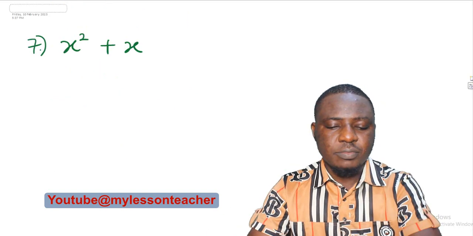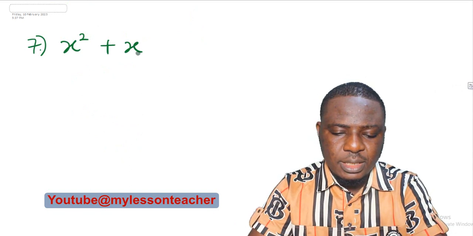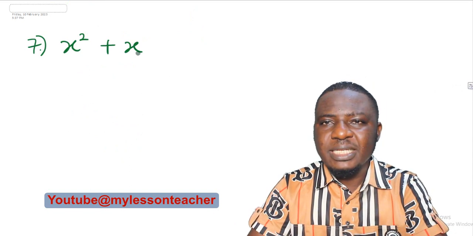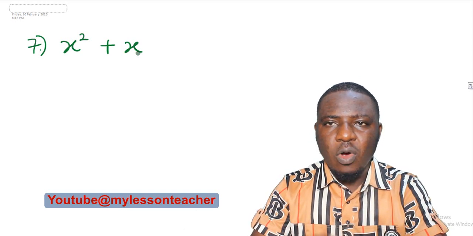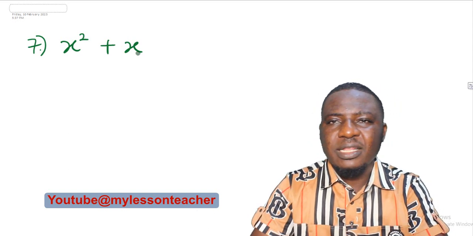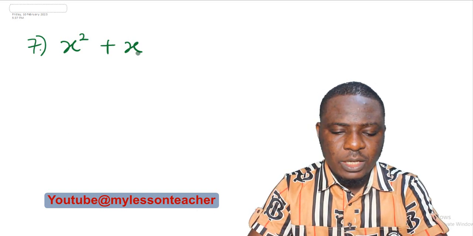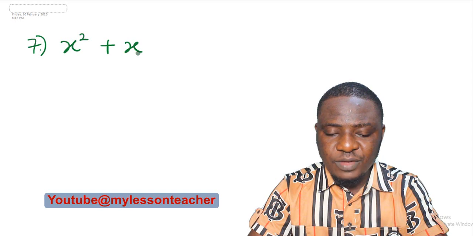Question 7. x squared plus x. In this next example, I'm going to be using method 1, and towards the end I'll use that of method 2. Method 1 says ensure that the coefficient of the first term is 1, a perfect square.